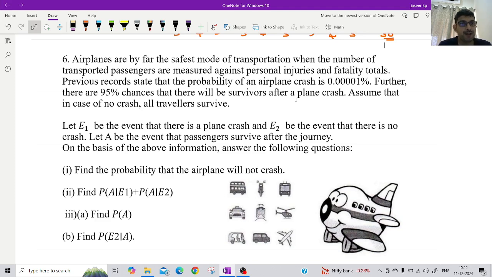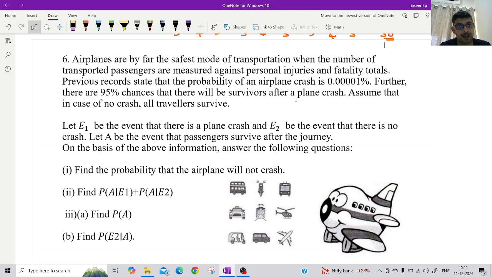Now sixth question, airplanes are by far the safest mode of transportation when the number of transported passengers are measured against personal injuries and fatality totals. Previous records state that probability of an airplane crash is 0.00001%. Further, there are 95% chances that there will be survivors after a plane crash.